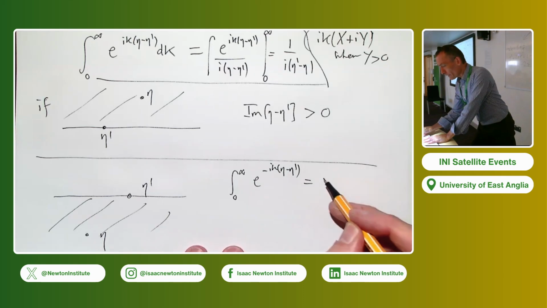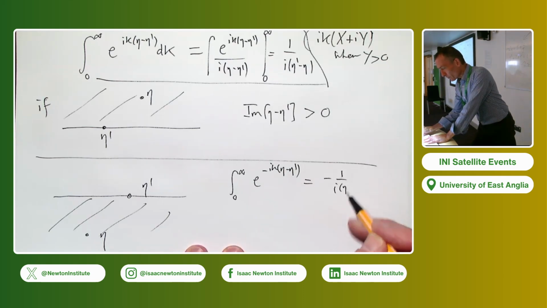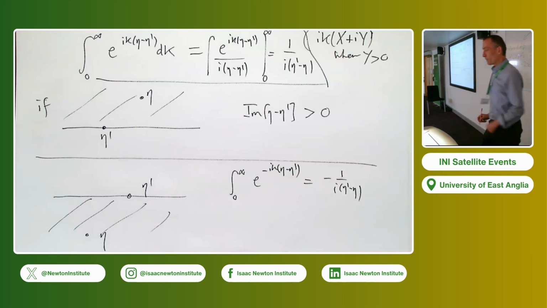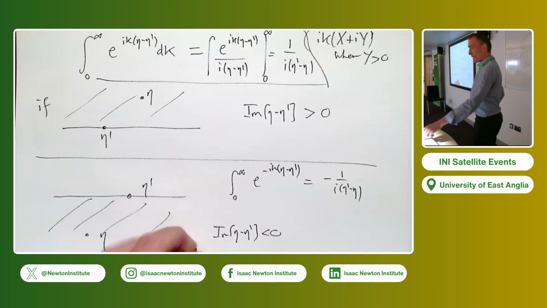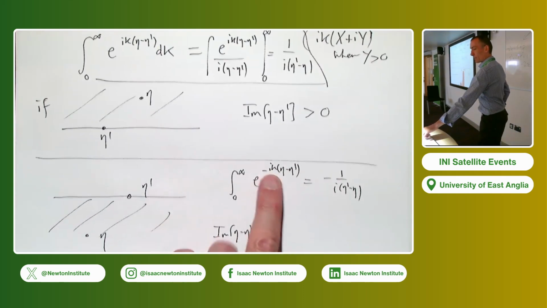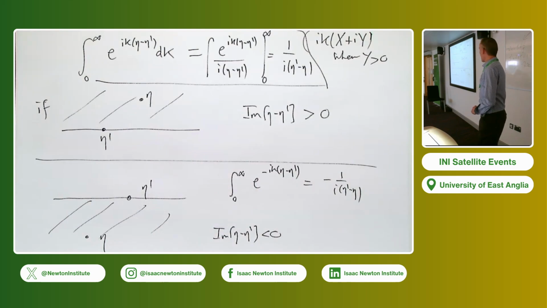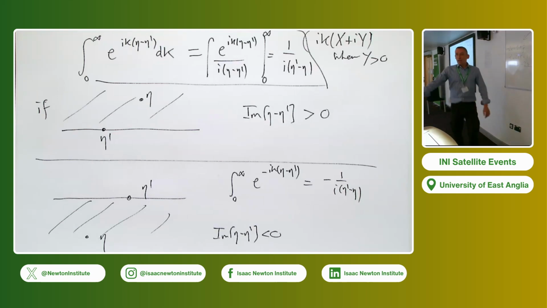I can do all the same things, except now what I get is minus 1 over i (eta prime minus eta). It's the same thing because now the imaginary part of eta minus eta prime is negative. So I've swapped the sign of k here by putting that minus sign in, and I've got that. Everyone happy? Elementary. I'm going to need this.